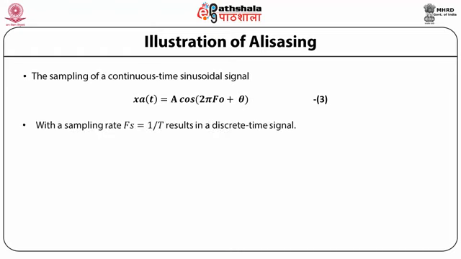With a sampling rate Fs equal to 1 by T, it results in a discrete time signal x(n) equal to A cos(2 pi f naught n plus theta), where small f naught is equal to capital F naught by capital Fs.